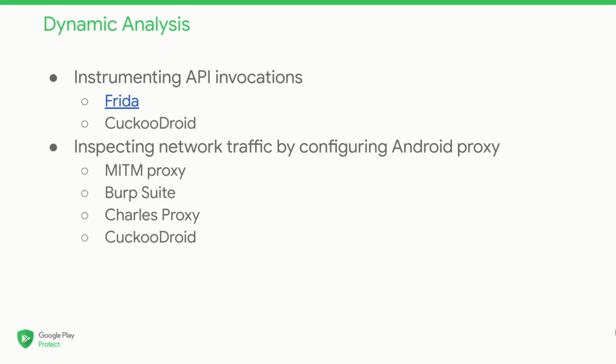You can do things like hook method calls, get them to return what you want, check what the output was, run things on an emulator and look at the system logs to see what APIs were called. You can set up a proxy so that you can look at what HTTP requests are being made, or sometimes FTP requests. These are all tools that you can look up to get started.